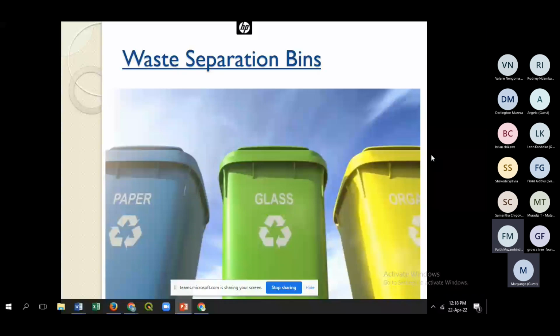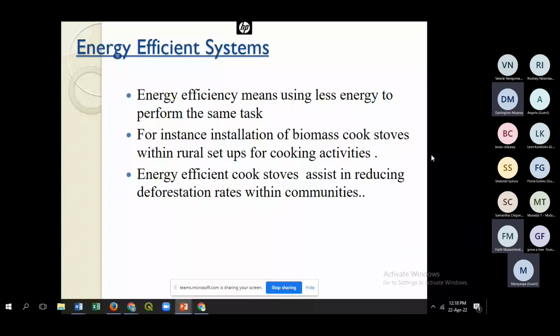Lastly, it is important to look into issues of energy efficiency. I tell you, if you look at what is happening in Zimbabwe right now, a lot of energy is wasted through inefficiencies. And if you check, especially with public buildings owned by councils and the government itself, you find lights are on during the night when they are not being used.